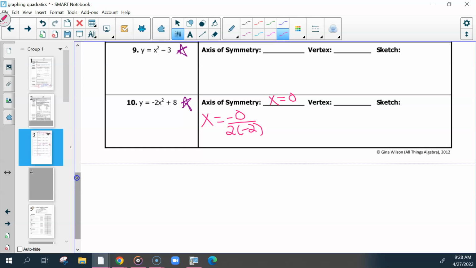Are there questions on that before we find y? If we put 0 in for our x values, what would y be? 8. So our vertex would be at 0, 8.